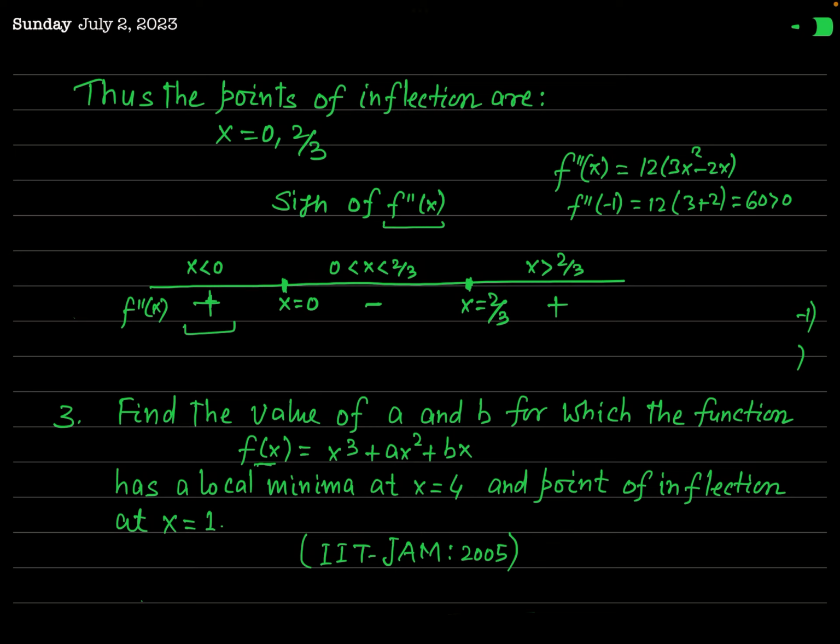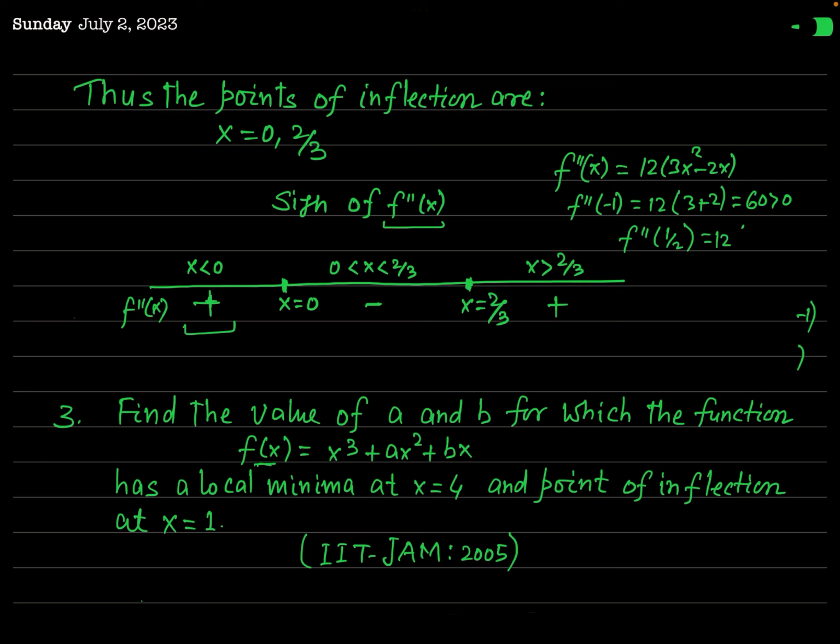Okay. Now take another value of x which lies between 0 and 2 by 3, because 2 by 3 is also an inflection point. For example, you can take a value of x which is 1 by 2. This is actually greater than 0 and less than 2 by 3. What will be this?